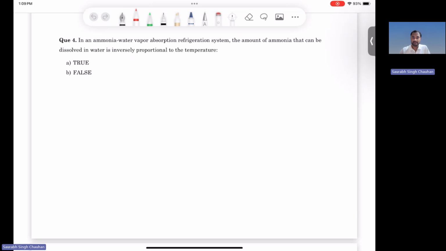You might have studied in equilibrium that if you want to increase the rate of forward reaction in case of an exothermic reaction, you should take out the heat, right?